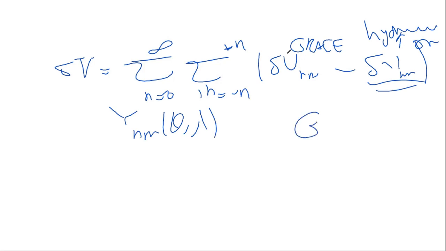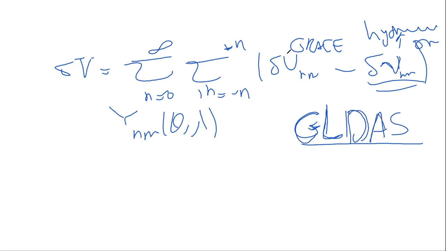For example, GLDAS is one of these models, which has a good agreement with GRACE models. So you should consider the gravitational changes of this hydrological effect, the changes that they create in the gravity, and you remove them from the GRACE gravity changes to come to the earthquake signals.